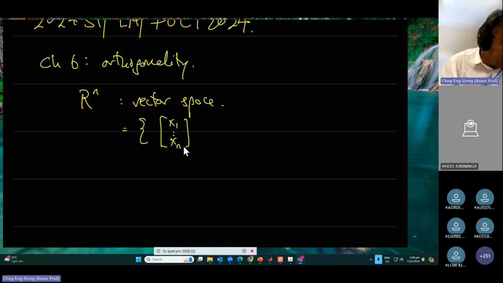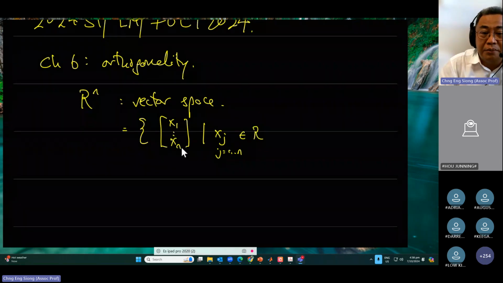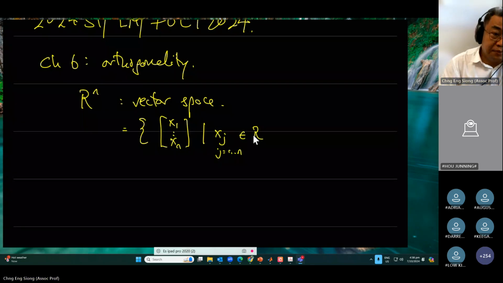And in these n elements, we write it in this way, and we give a bar to say such that this is a set of vectors such that xj, each of these elements, where j equals 1 to n, belongs to R, and if I say that it belongs to real, means all these elements here are real numbers. If I put C, means all these elements are complex numbers.